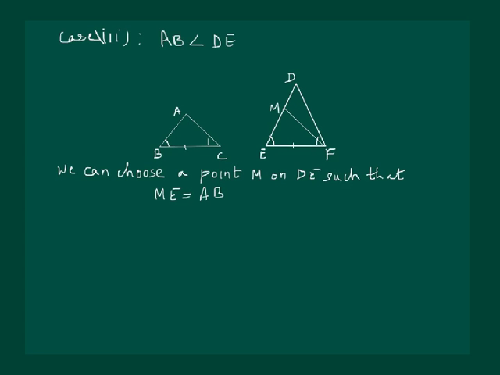Now we can prove triangles ABC and MEF congruent, and proceed in the same manner as in case 2 and prove that M should coincide with D, since angle F and angle C are given to be equal.